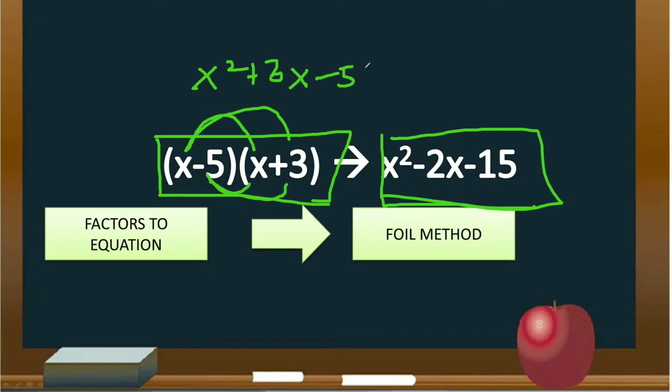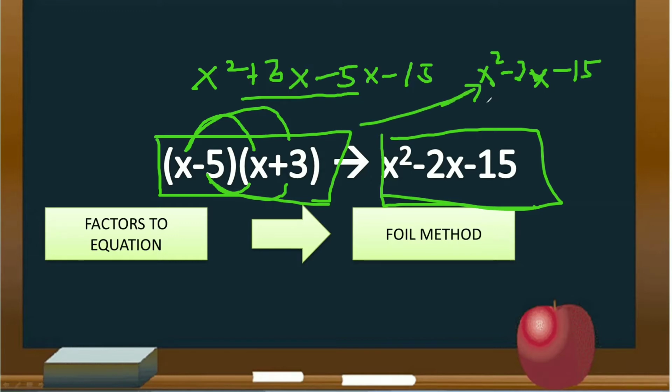That's negative 5x minus 15. And then we will combine similar terms. This will become x squared minus 2x minus 15. So the equation of these factors is x squared minus 2x minus 15. Or we can say that the factors of x squared minus 2x minus 15 are x minus 5 and x plus 3.